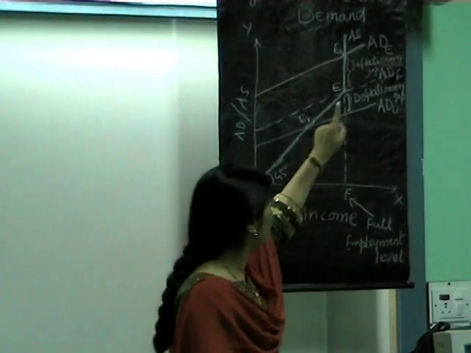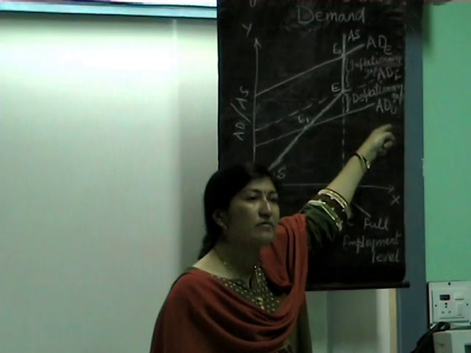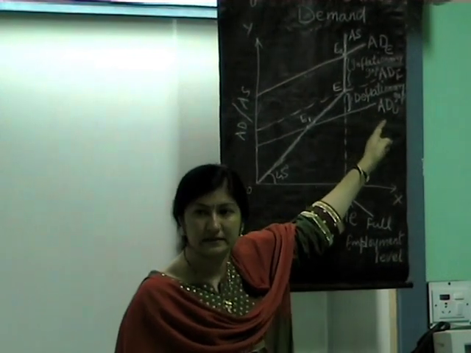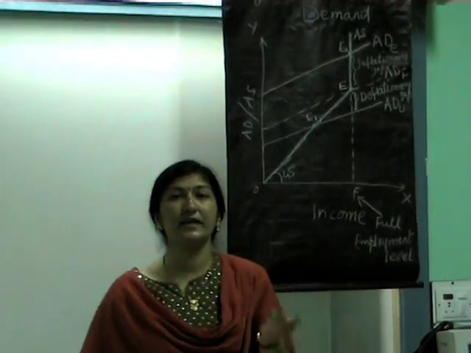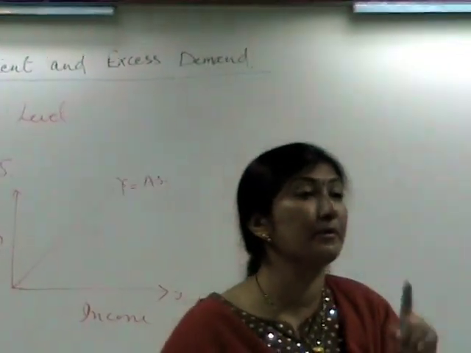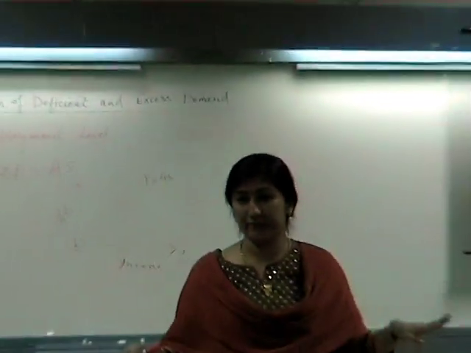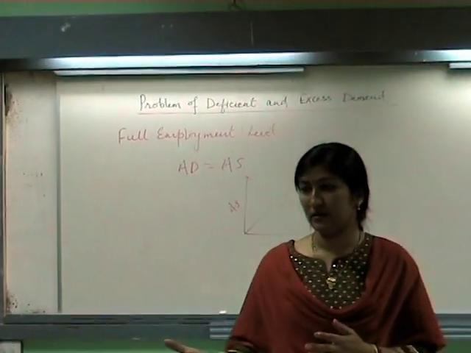Because full employment is also reached, and at the same point AD is equal to AS. Have you followed this situation? That's what I was saying, that if AD equal to AS is obtained at the full employment level, then we say the economy is in perfect equilibrium. But this hardly happens in practice.